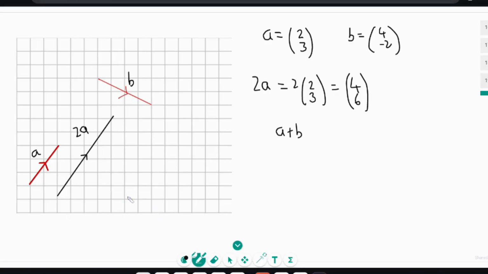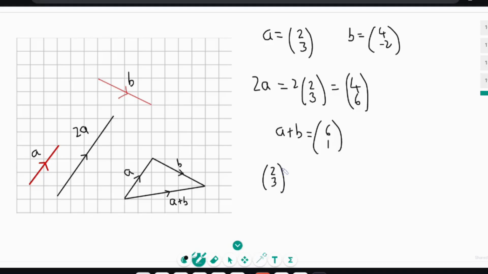Well, just to show you what that would look like, that's A. And B. So here is our resultant vector, A plus B. It's from here to here. Which is (6, 1).